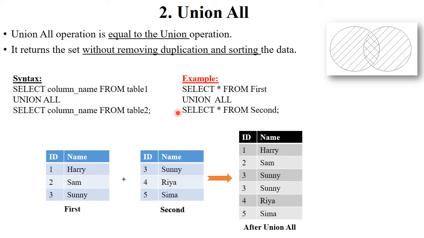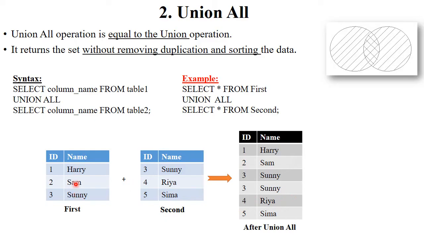Let's see how. See here, the same table, that is the first table with ID and name, and that is your second table with ID and name. When you perform the union all operation, the syntax is the same, but in place of union, you put union all. So select all rows, that is select star from first, union all, select star from second. When you apply this query, your result will be generated in this way.